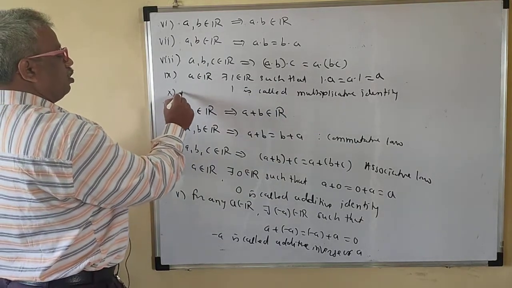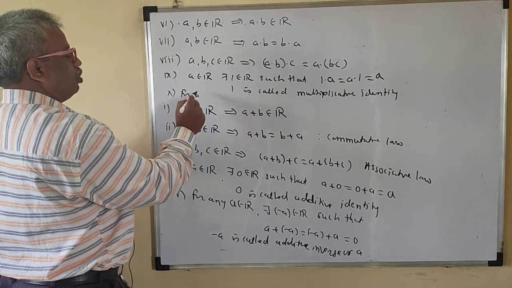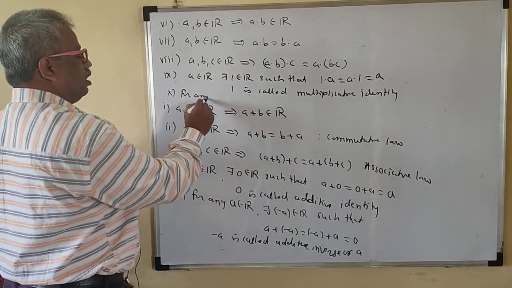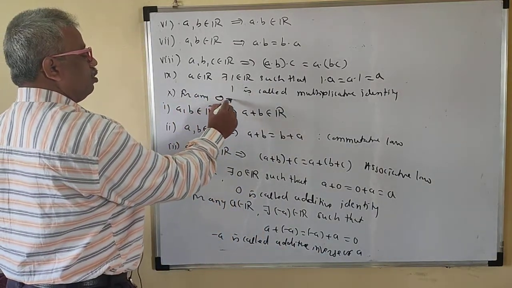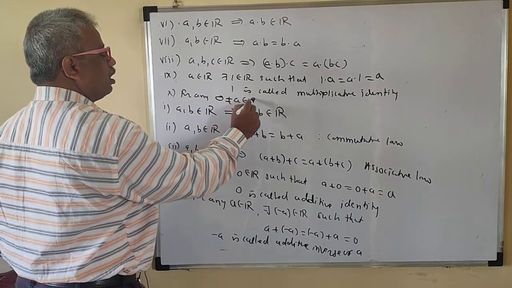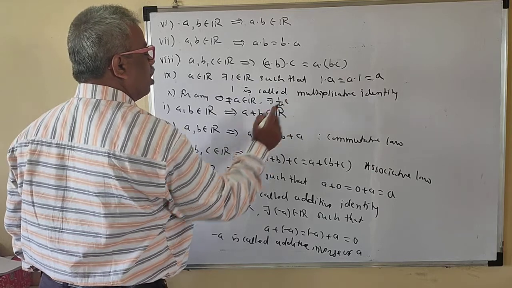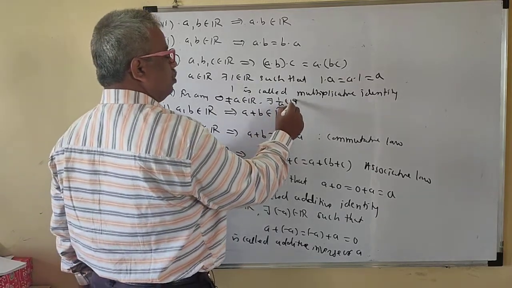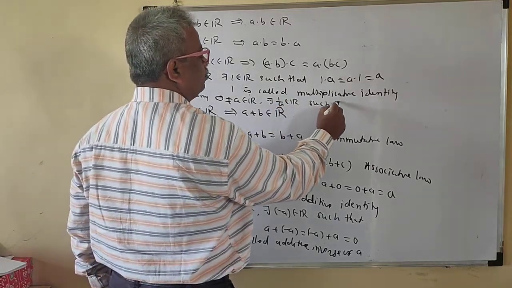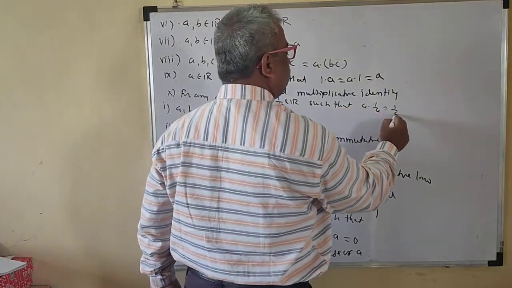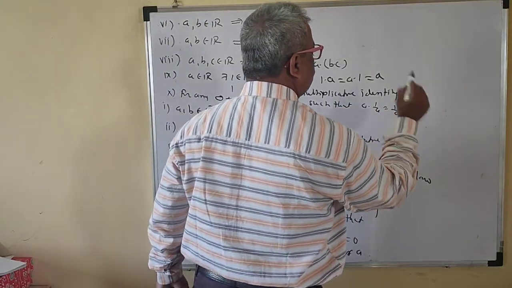Next, for any non-zero a belongs to R, there exists 1 by a belongs to R such that a into 1 by a is equal to 1 by a into a is equal to 1.